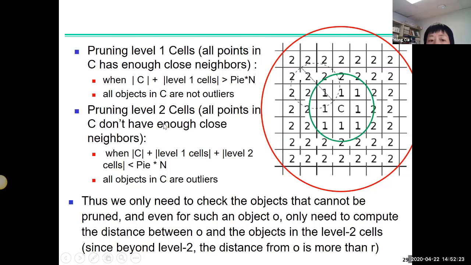The definition of level 2 cells also gave us convenience: if all the data points within this level 2 area and the level 1 and the C add up together still do not meet the threshold, then every data point in C is an outlier.